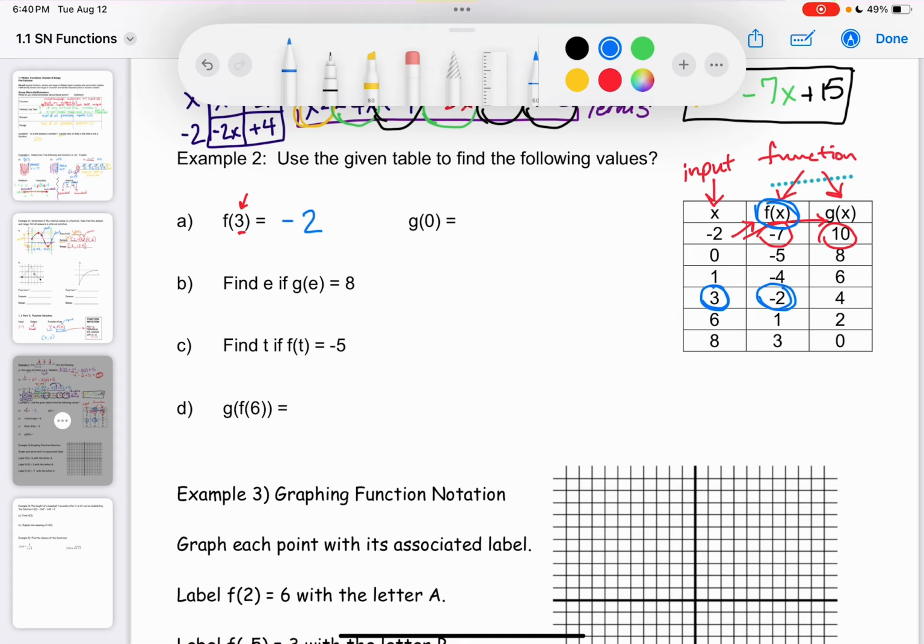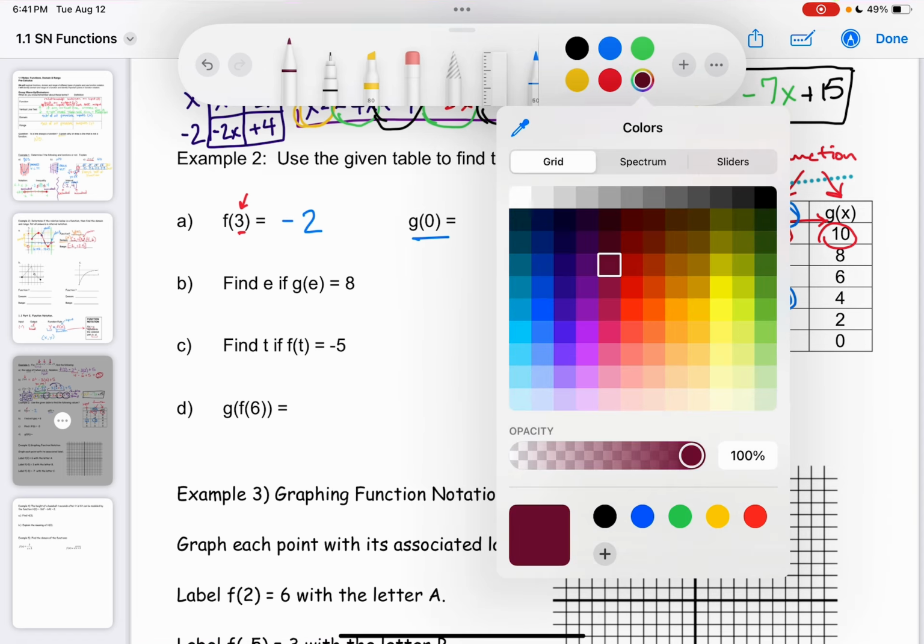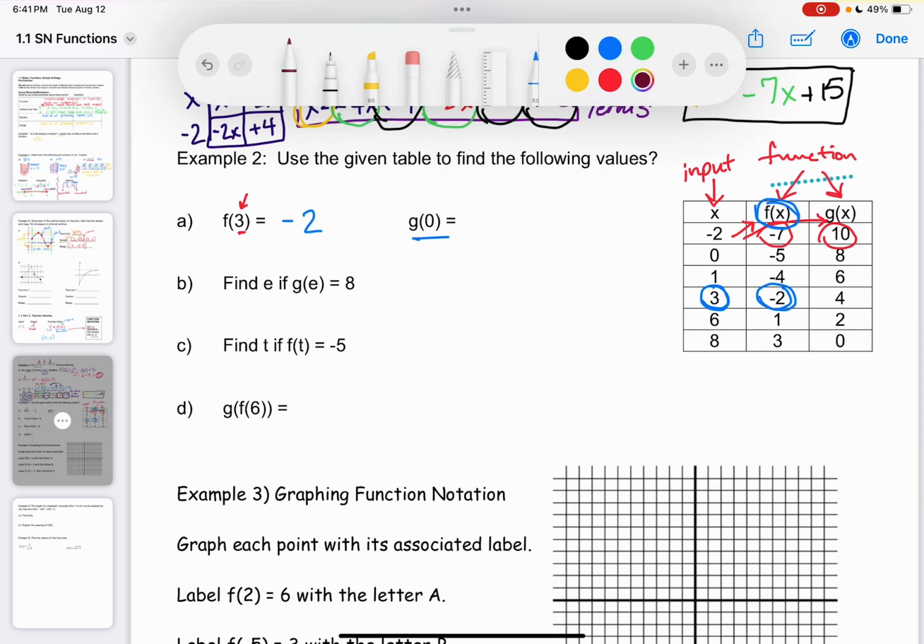Now, the next one that I'm going to do, you've also got this one over here, so don't forget it. But the next one I'm going to show you is just one of the harder ones. So right here, it says find t, if f of t is -5. So what it's now asking me to do is find the input.